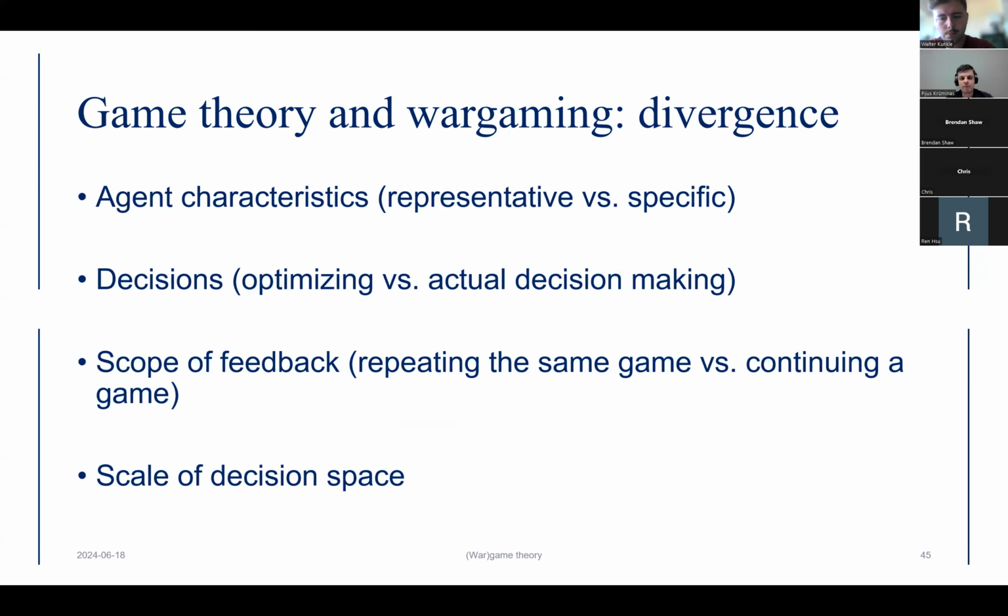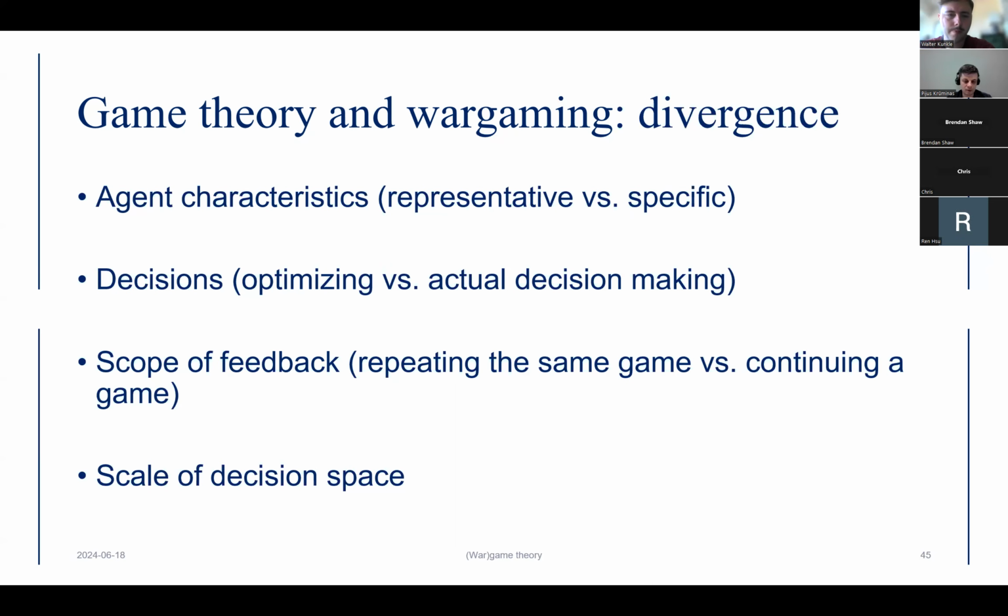But there are also divergences from wargaming. Even if there are similarities, there are also differences. One of them comes in agent characteristics: in game theory, you tend to have representative agents that do not really have individual characteristics. So it's quite a homogeneous set of players depicted.